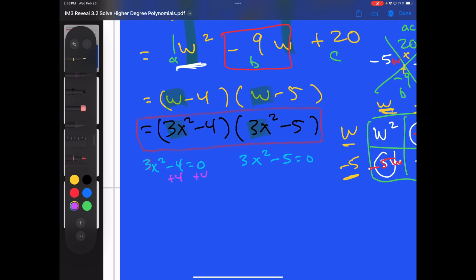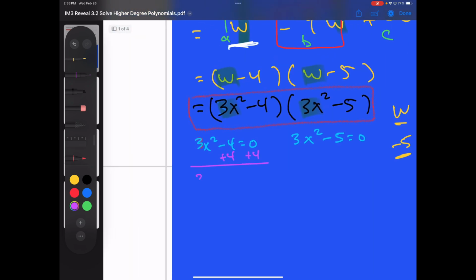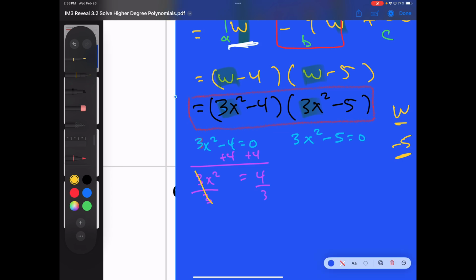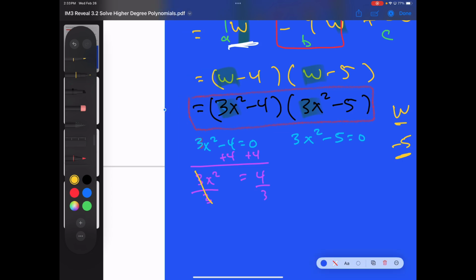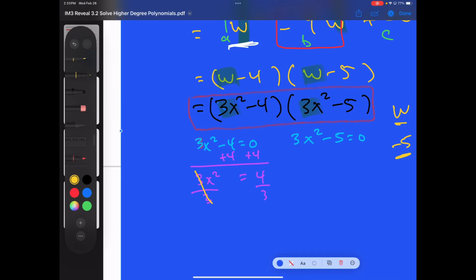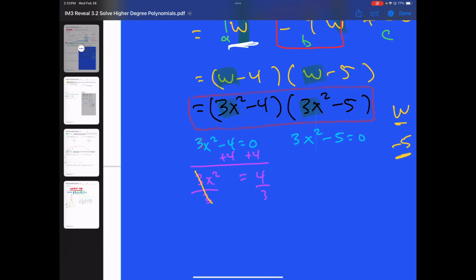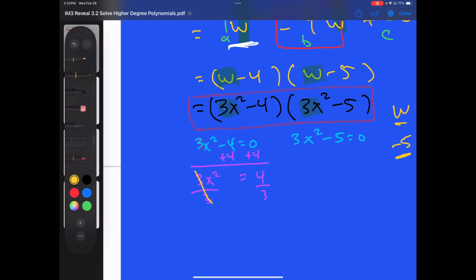Okay, so I'm going to add 4. And then I'm going to divide. You have x squared.